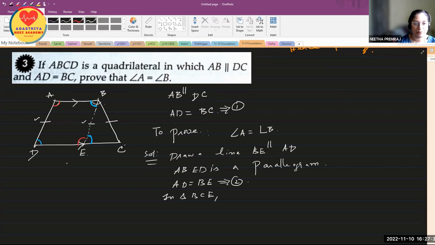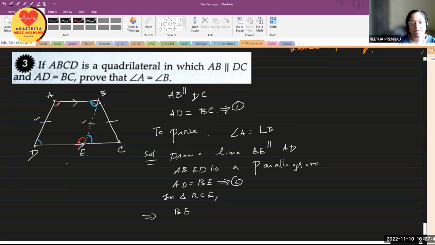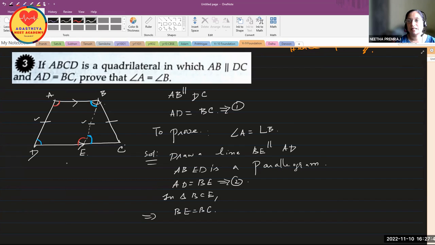And according to the property, AD is equal to BE. So which implies BE is equal to BC. Yes? BE is equal to BC. Therefore, triangle BEC is an isosceles triangle. Isosceles.